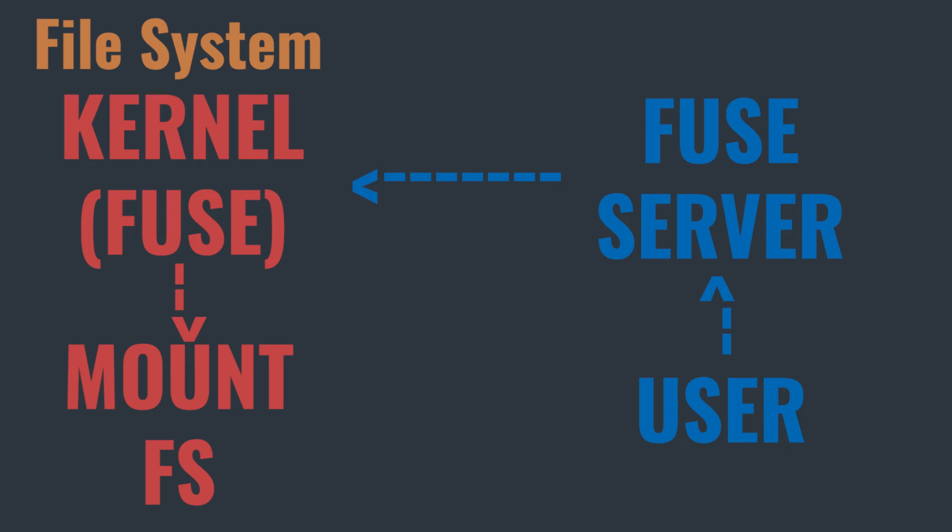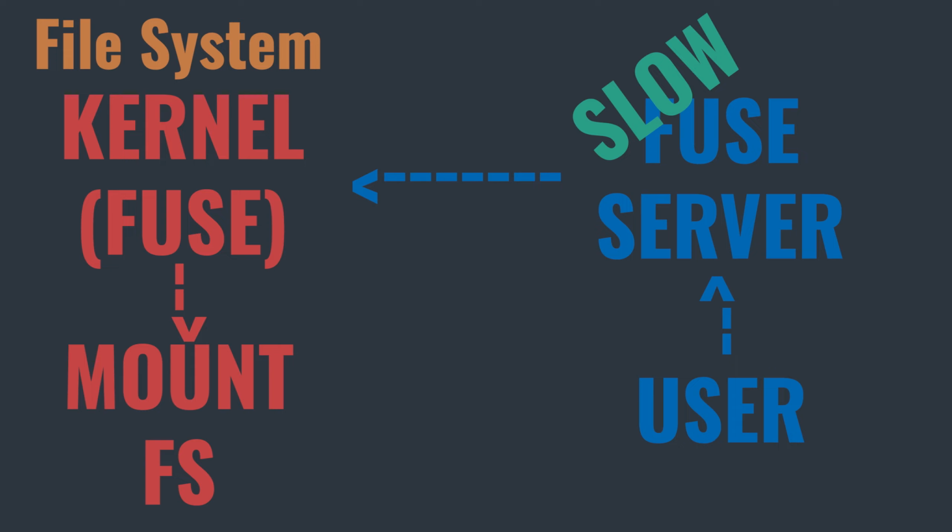Now, the pass-through part is because Fuse, because it uses a server architecture, is actually pretty slow. So when you want to do anything with the file system, your application first communicates with the Fuse server, and then it communicates with the kernel, and the kernel comes back to the server, and then it comes back to your app.